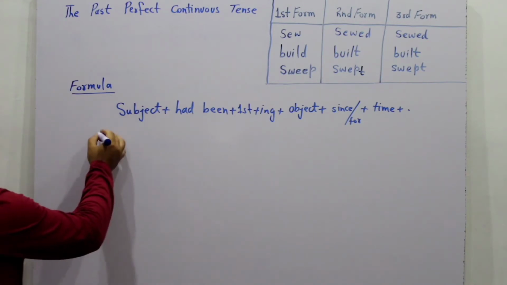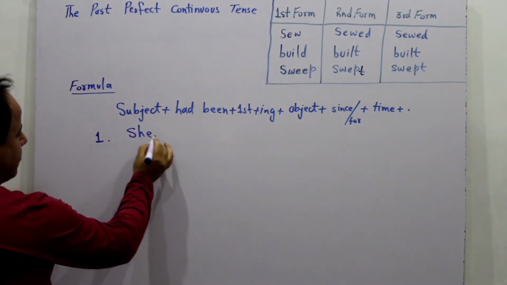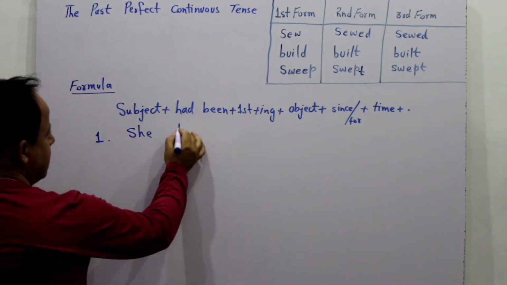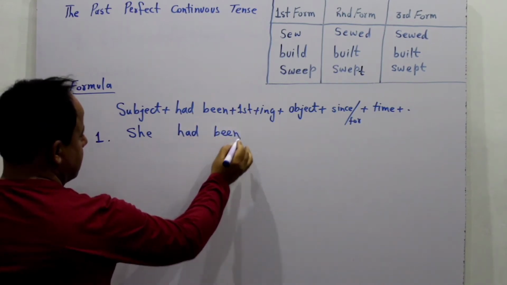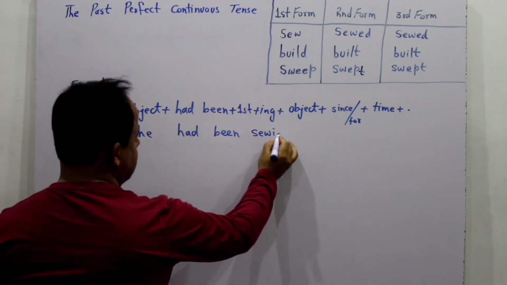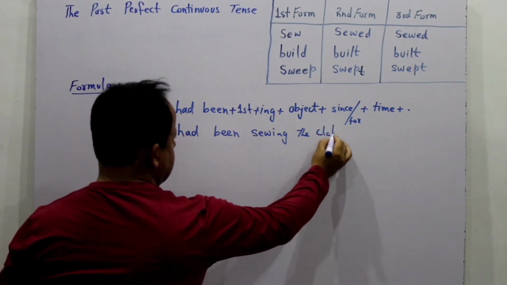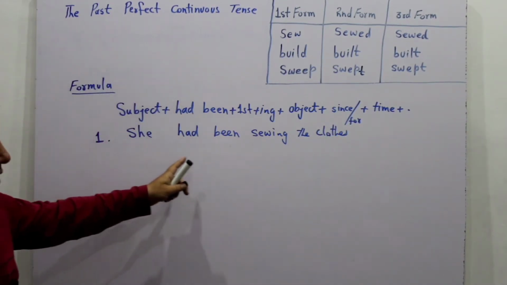Now you can find here the first sentence, where she is the subject. With she or with every subject we can use had been. For example, she had been sewing the clothes. She had been sewing the clothes.